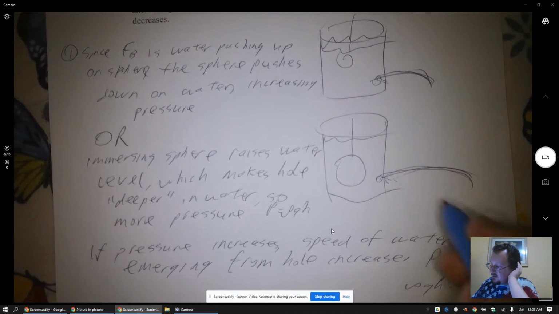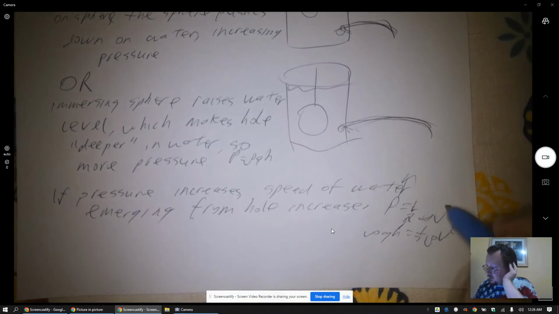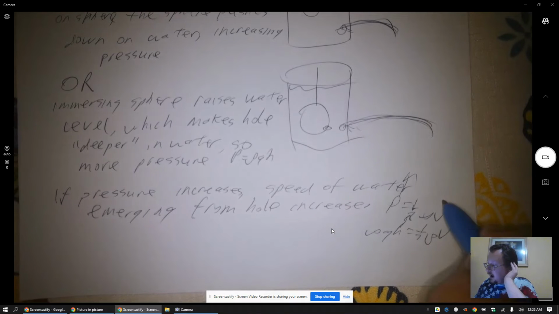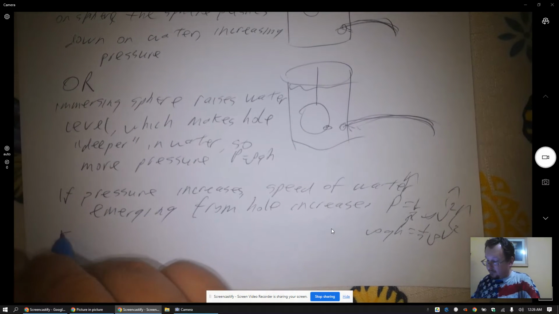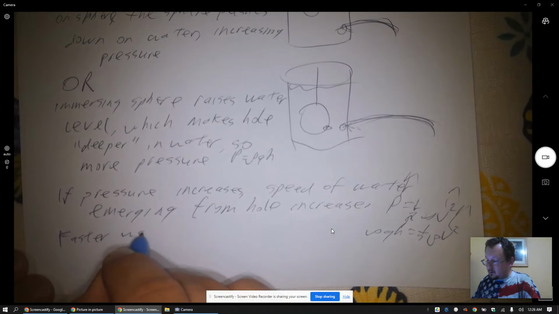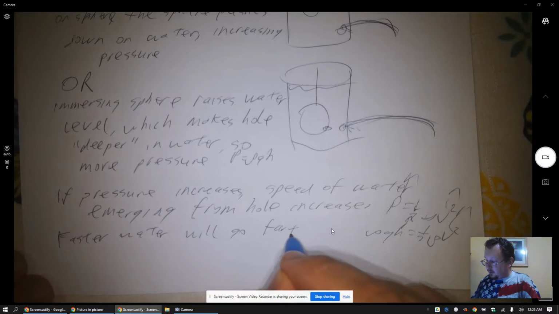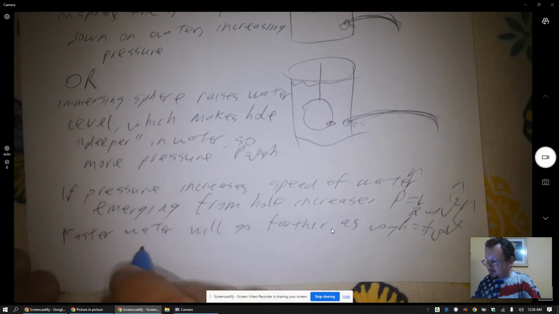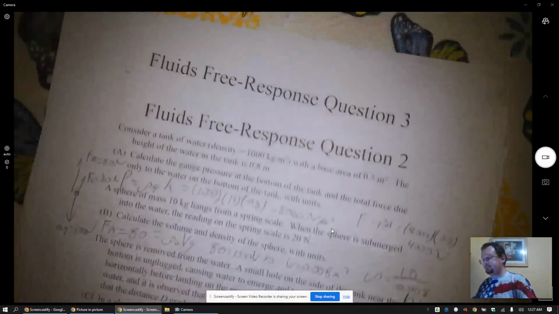So either you say that the water line went up, or you say that the pressure goes up like right here. Either way, that makes the water go faster, and faster water will go farther as a projectile, right? Okay.